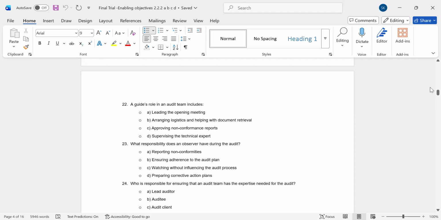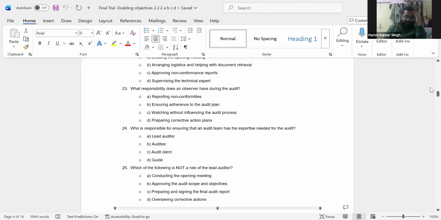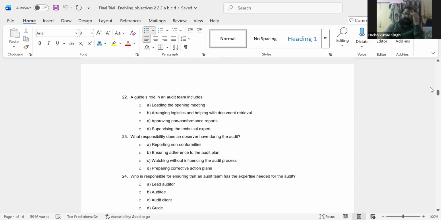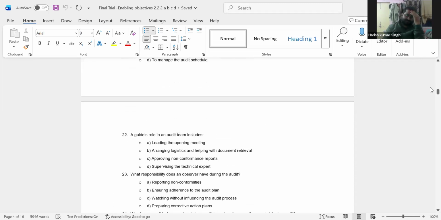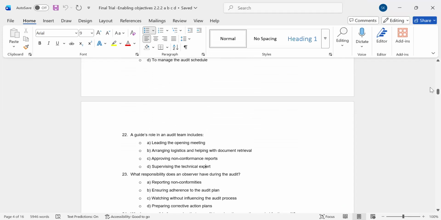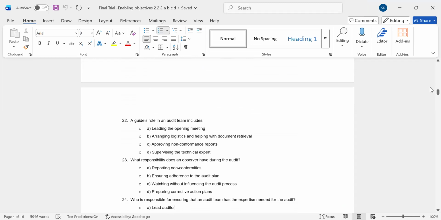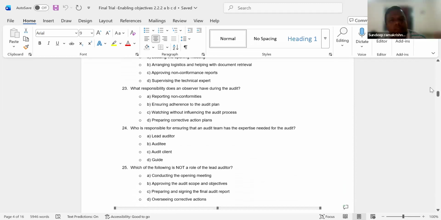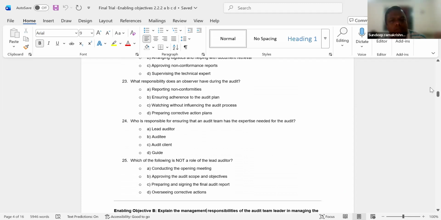The question is asked in a different manner, but the concept is repeated. Question number 23. What responsibility does an observer have? The concept is repeated here too.